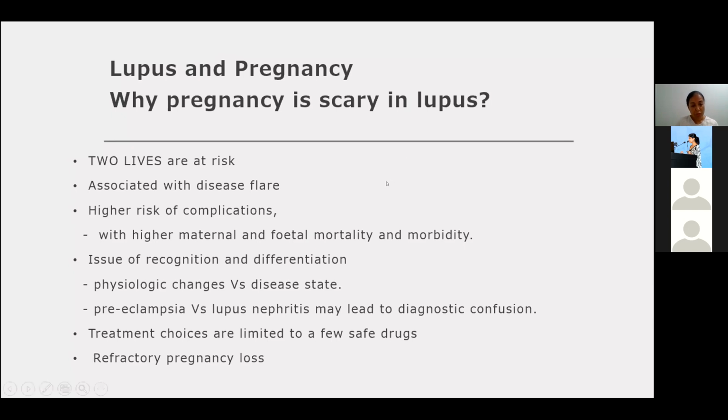Also, treatment choices are limited to a few safe drugs because of the teratogenic effects of many effective drugs we use in lupus. Additionally, there is refractory pregnancy loss associated with SLE and its secondary complications.